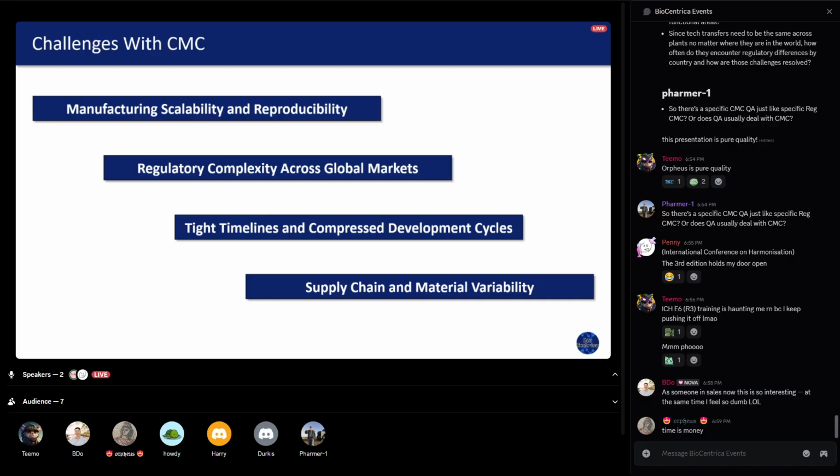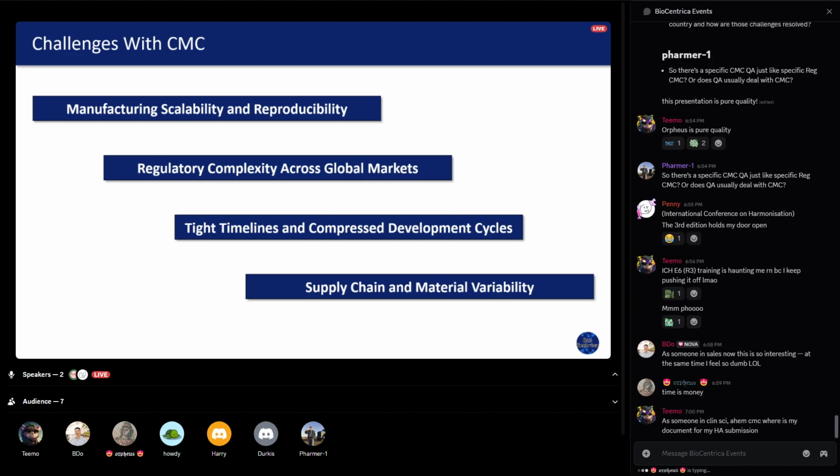Supply chain and material variability is the last one that I have on here. So during COVID, which is a great example, a lot of people couldn't really get the supplies, right? Everything was expensive. What do you do when your manufacturer went out of business due to COVID? Or what do you do when even the exchange rates, let's say, from euros to USD changed?